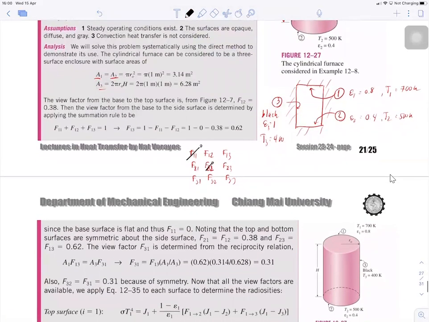So you know that F11 plus F12 plus F13 is equal to 1, right? You rearrange to find F13. You know that F11 is 0. How about F12? F12 is the top and the bottom. It's from circle to circle.